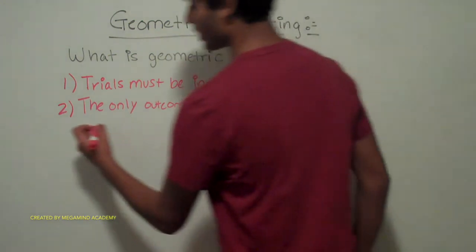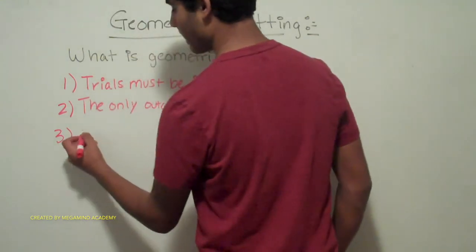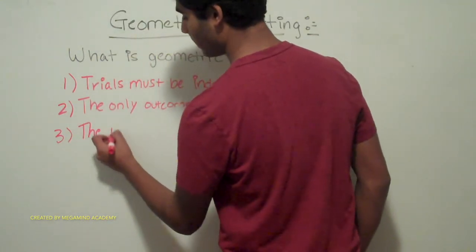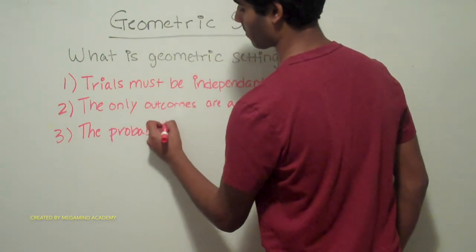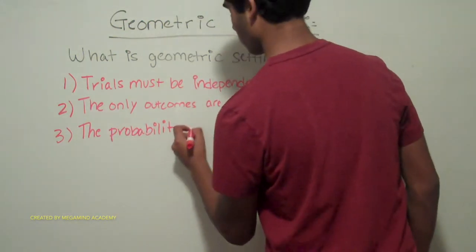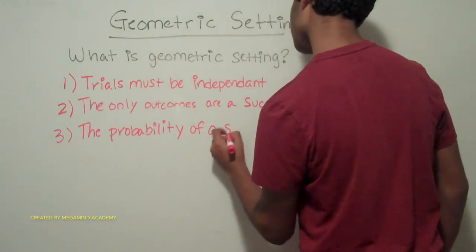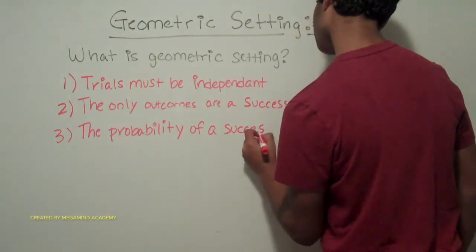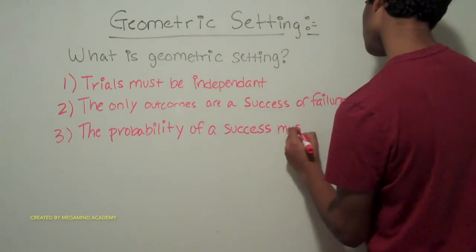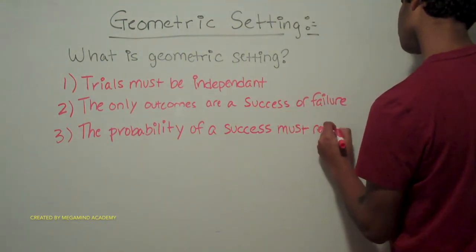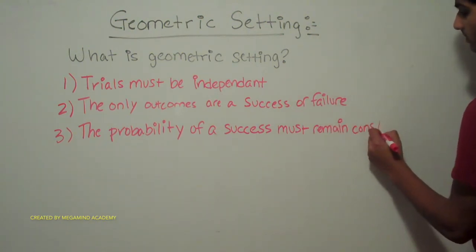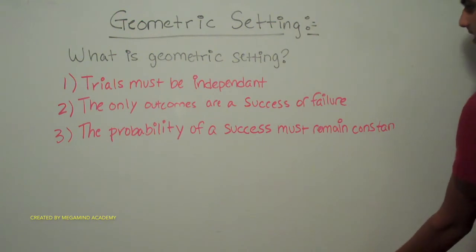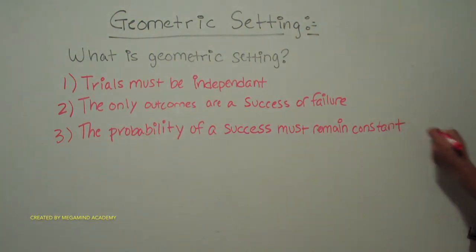Now let's move to the third condition. The third condition just says that the probability of a success must remain constant. So what does this mean?